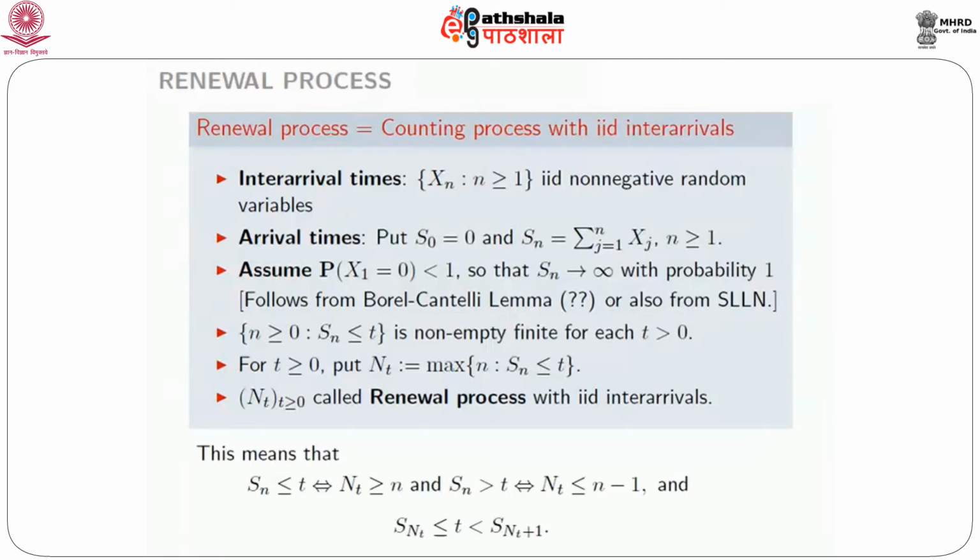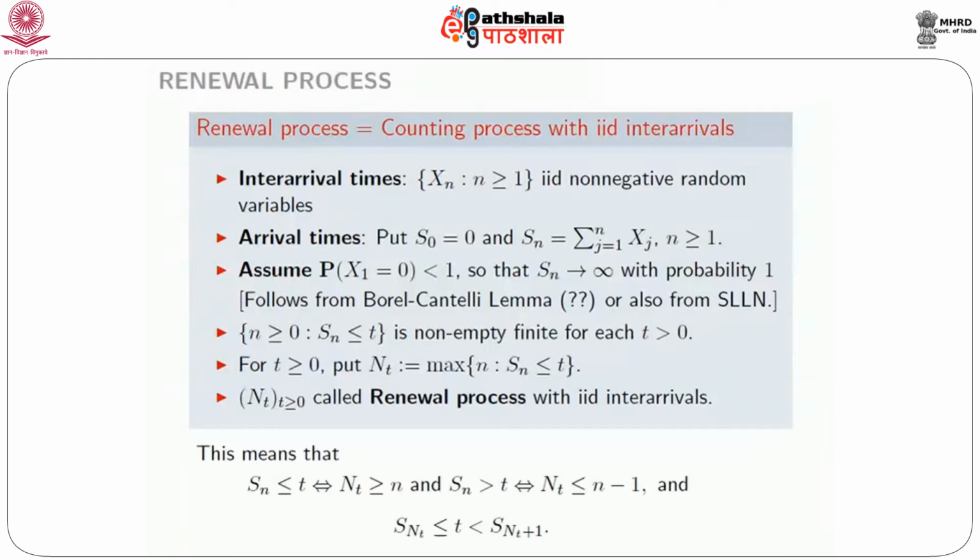Now it is clear from the definition that the event Sn less than or equal to t happens if and only if Nt is greater than or equal to n. The nth arrival being less than or equal to t is the same thing as saying that up to time t there have been at least n arrivals. And therefore, going to the complement, Sn greater than t happens if and only if the number of arrivals up to time t is strictly less than n, or the same thing as saying less than or equal to n minus 1, because Nt only takes integer values.